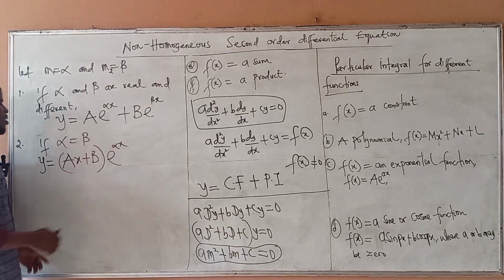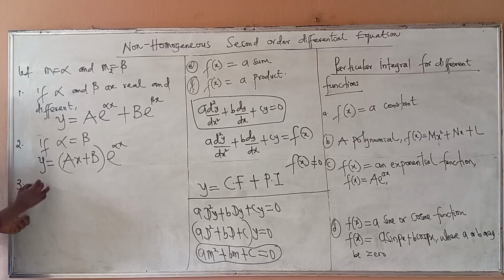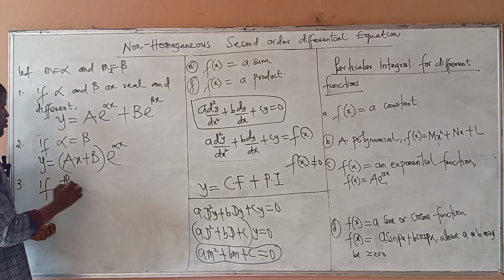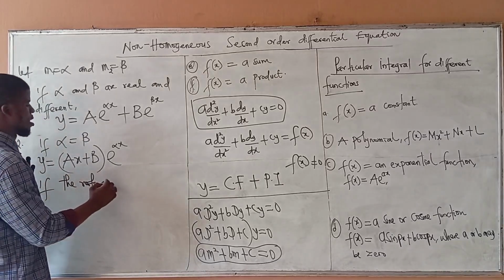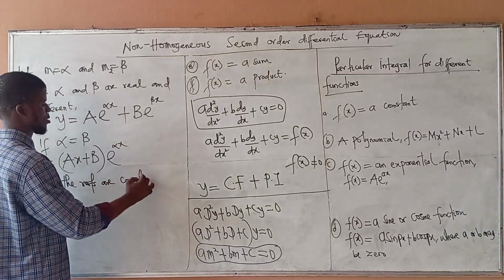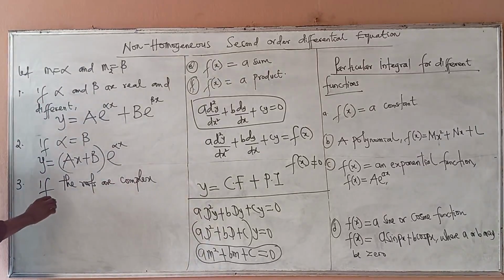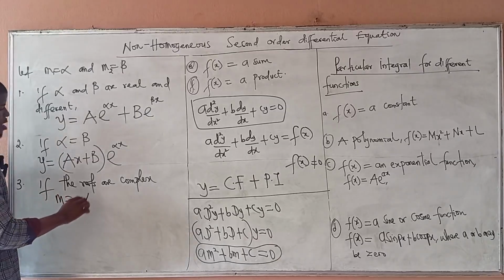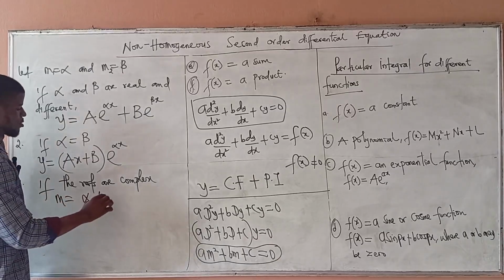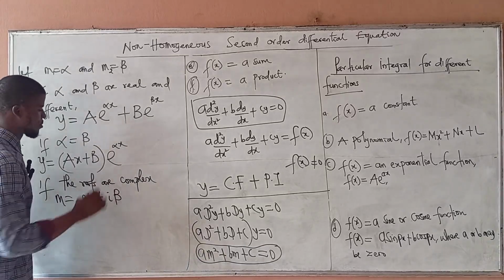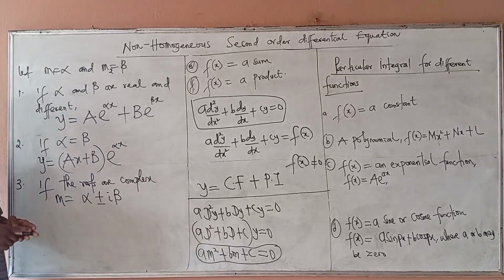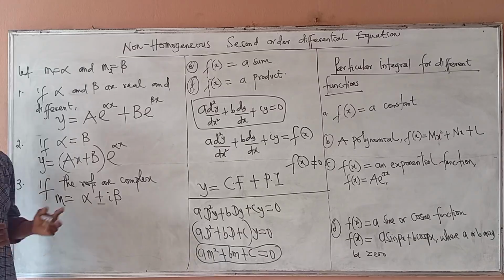That's the solution. And what if the roots are complex? That is, let's say we get m equals alpha plus or minus i beta. What will be the solution to that second order differential equation, the complementary function?